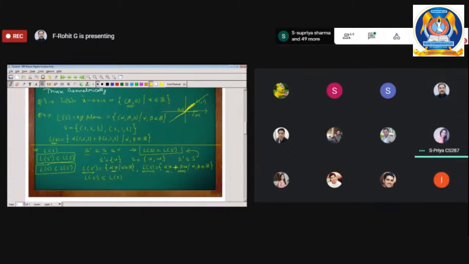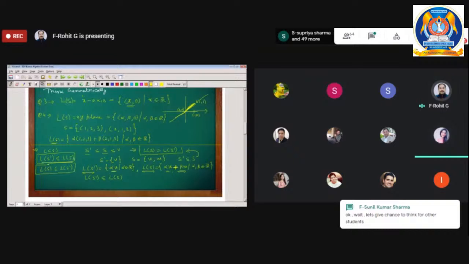So when can I say that alpha V belongs to the linear span of S?